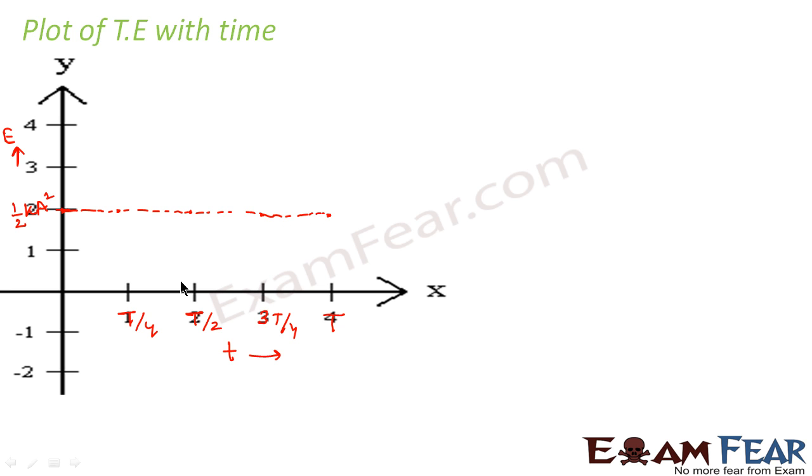Now we can also conclude the same result from the graphs of kinetic and potential energy. If you remember, how was the graph for kinetic energy? The graph for kinetic energy was somewhat like this. So this was how the graph of kinetic energy looked. And how was the graph of potential energy?